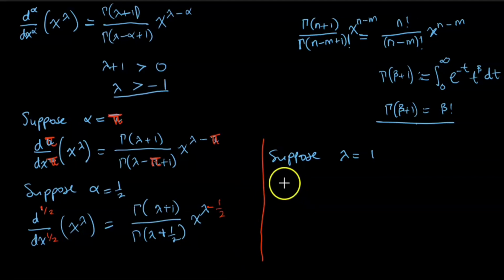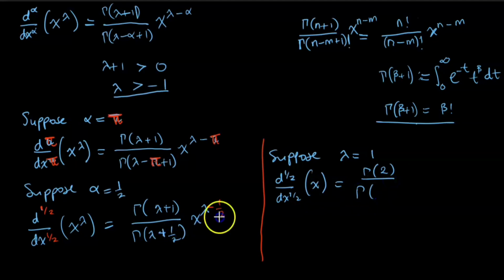Then the half order derivative of x raised to the power of 1 is equal to gamma of 1 plus 1, which is gamma of 2, divided by gamma of 1 plus 1/2, that's 3/2. Oh, big trouble. Good. This is x raised to the power of, we subtract 1/2 from 1, that will be 1/2. That's just the square root of x.